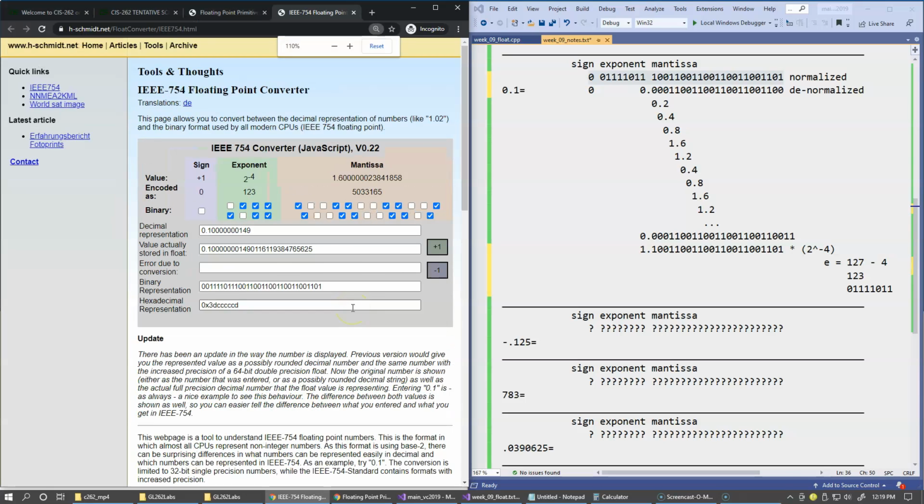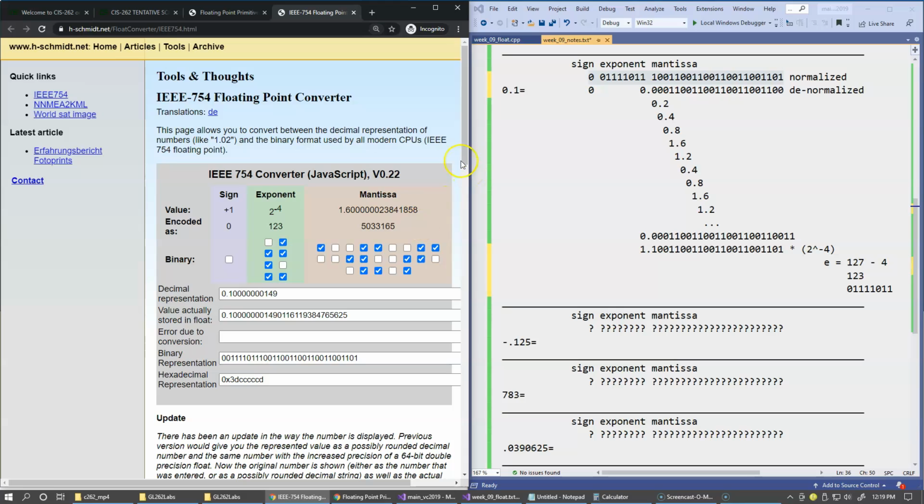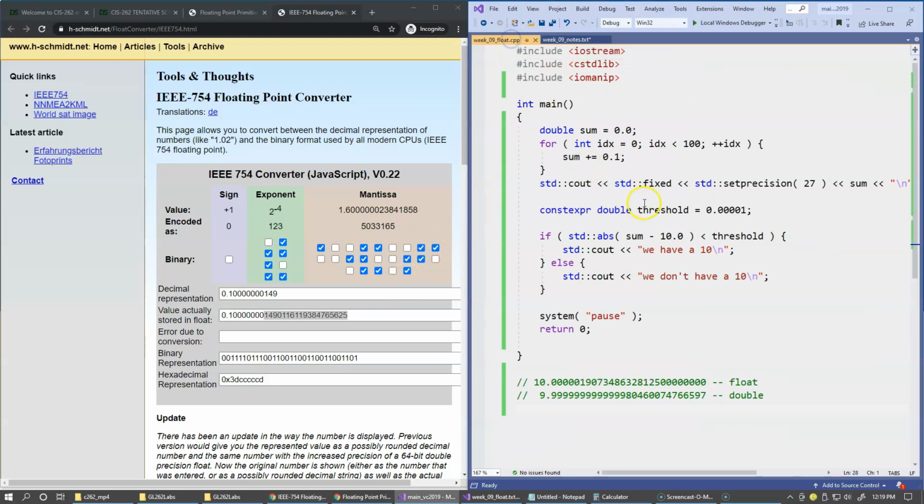So this is now our proximity to 0.1, where we just started to do the work, and this is how it's actually stored. So this actually explains why, when we were doing our loop of 100 times, adding 0.1 to the original 0, we ended up, and this is the double version, the last version that we tried was the double, right?